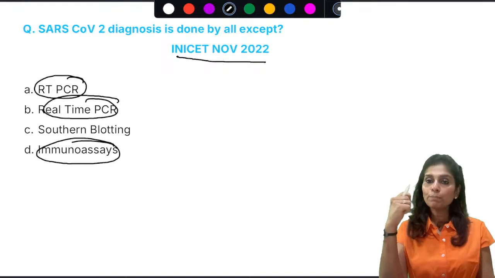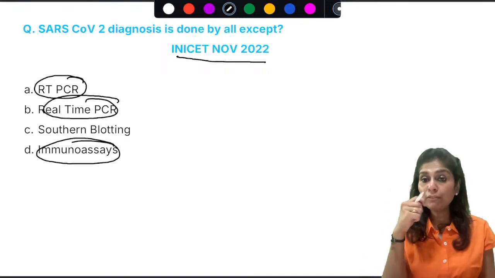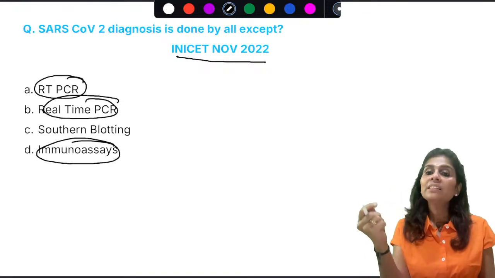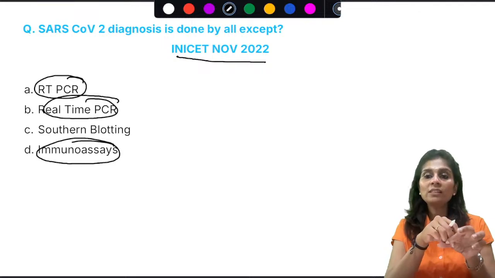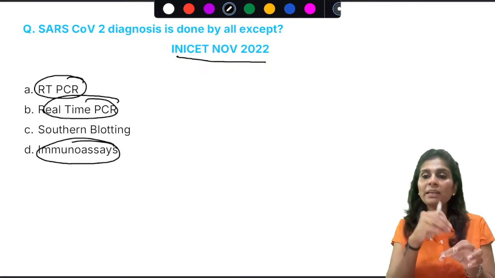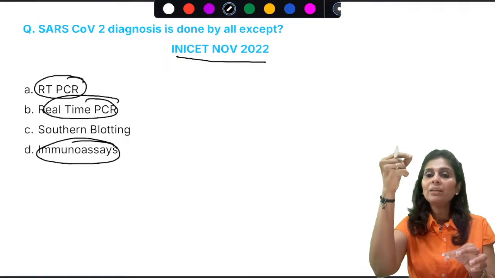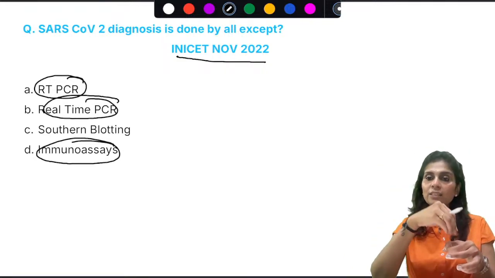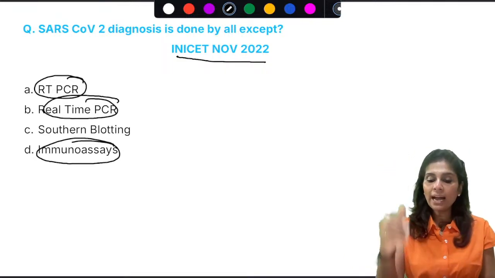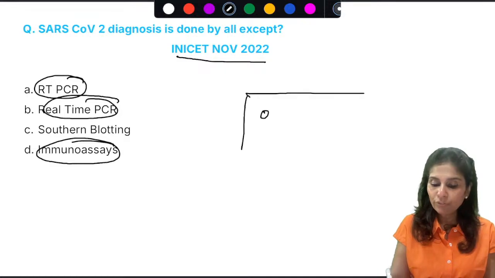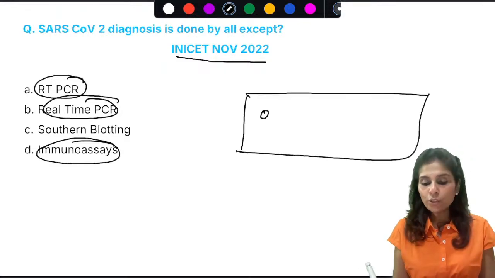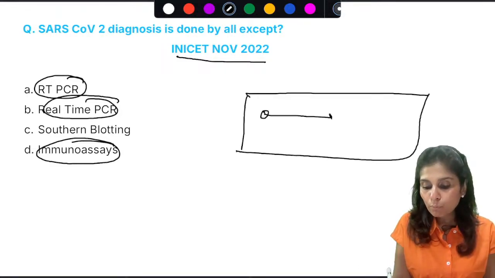In these, again you're supposed to collect a swab sample. It's a self collection of swab, and this swab has to be kept in a processing solution. It has to be kept for a particular time. And then you take out the swab, you will be given with a filler. So you take this fluid using a filler and you add the fluid into one end of the slide. Once you add this fluid, the fluid will start moving.